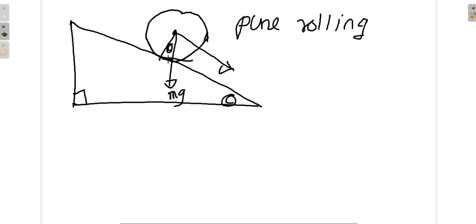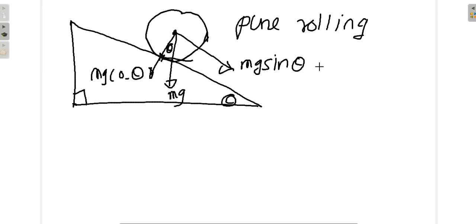This line is also moving by 90 degrees, making it vertical. So the angle between the lines remains same. There are two components here. One is mg cos theta, which is acting perpendicularly downwards, and this component is mg sin theta.